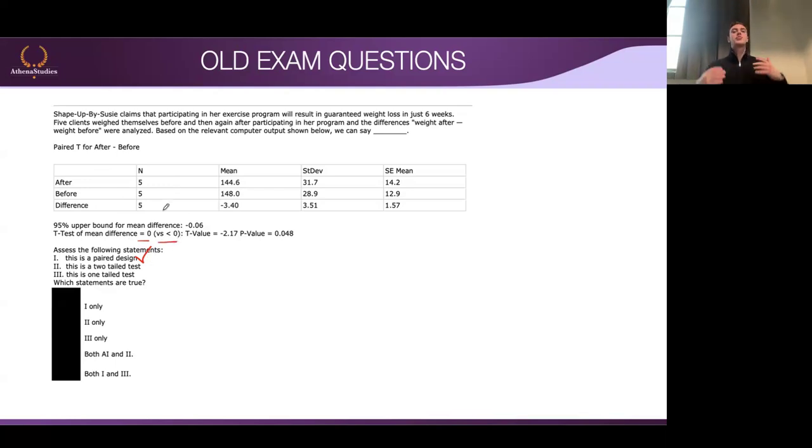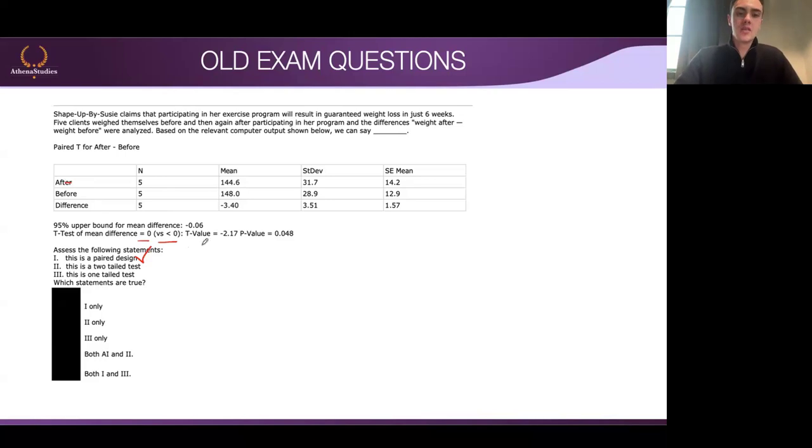In other terms, after the program, your mean weight will be lower than before the program. So it makes sense, right? They say that because you participate in the program, you're going to lose some weight. So the mean of the weights will be lower in group 2, so after than before. That's basically the aim of the entire program, right? That there is a difference in mean, that the second mean is lower than the first one.